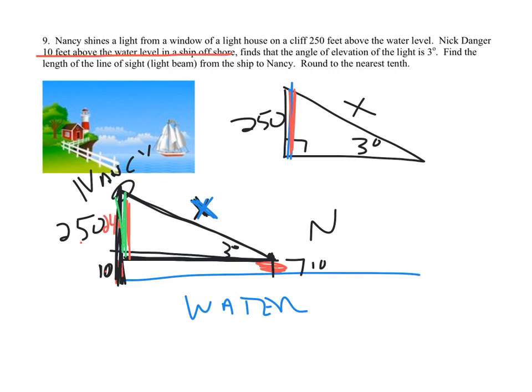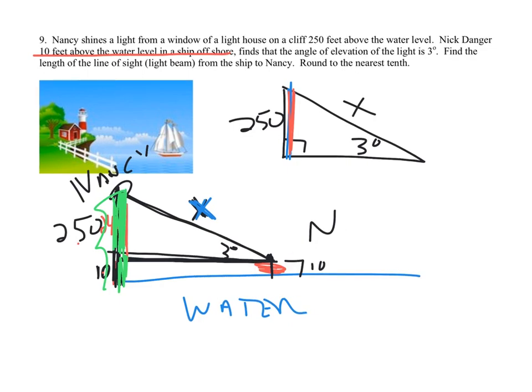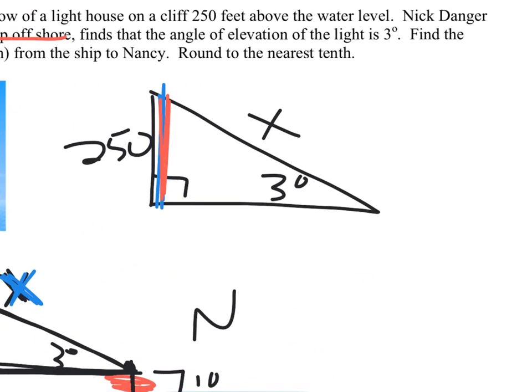This distance is 240. That distance is 10, making the whole thing 250. So in my triangle, this side is 240. And that's the challenging part about this question.